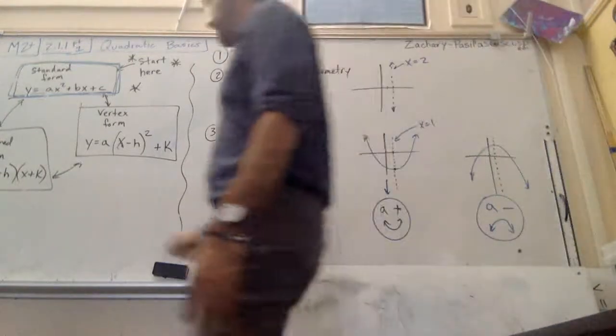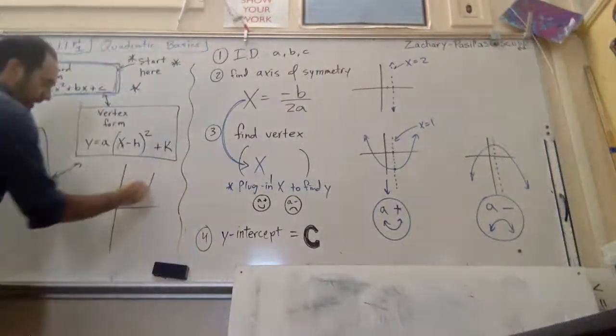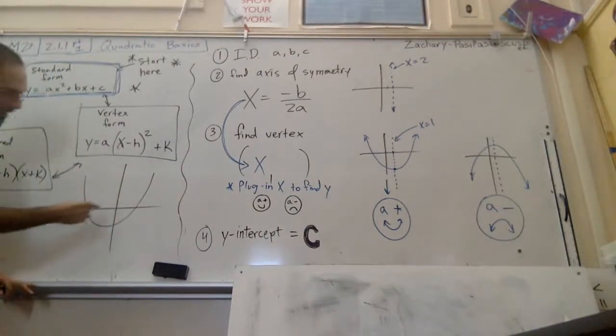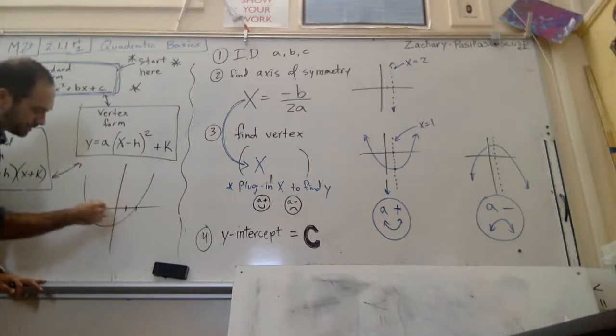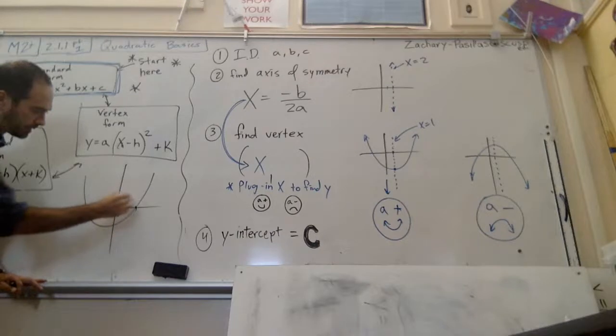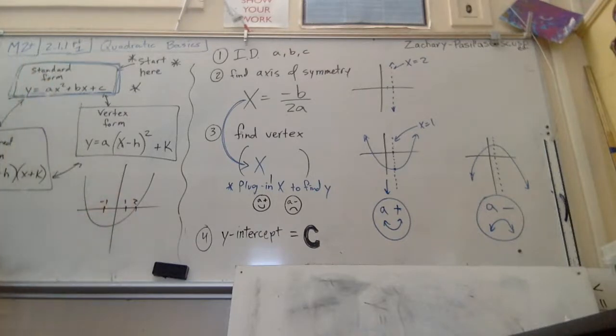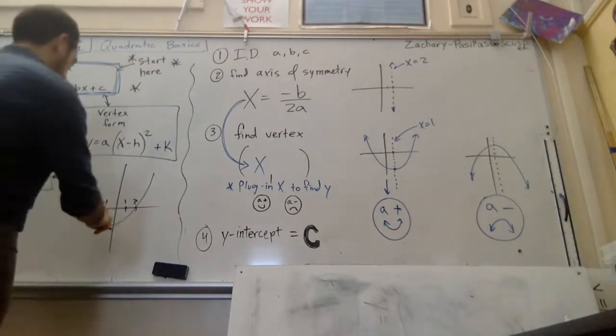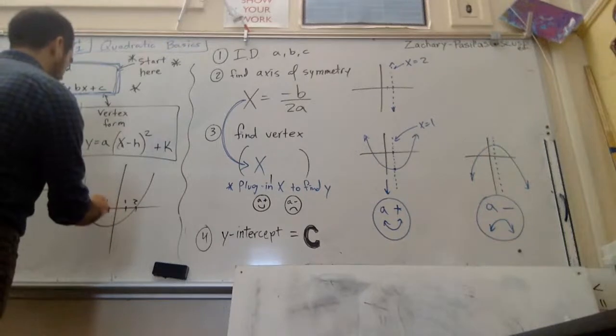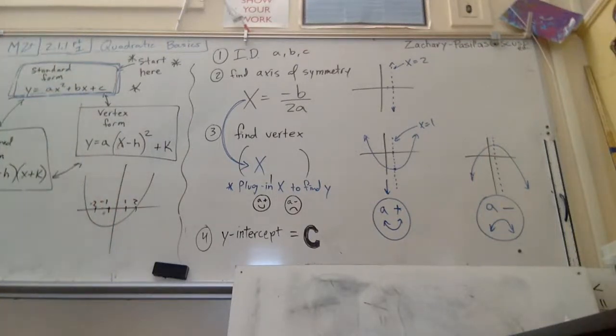Think about it. If I have a parabola right here, let's say this is 1, 2, -1, 2. Tell your partner, your neighbor, approximately where this line of symmetry is going to be for those sketches.